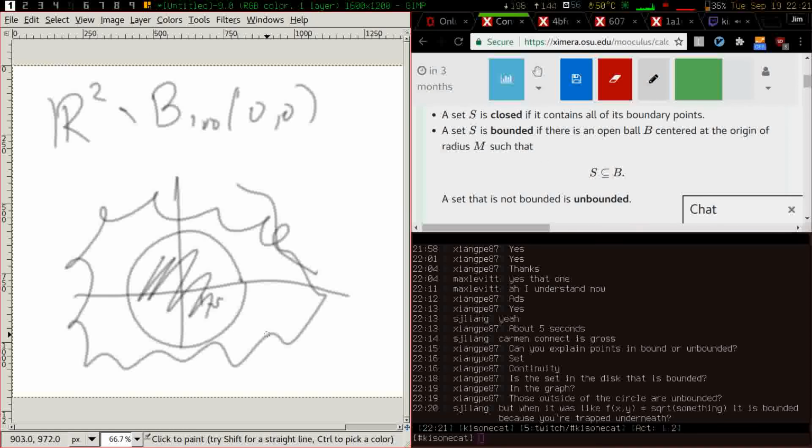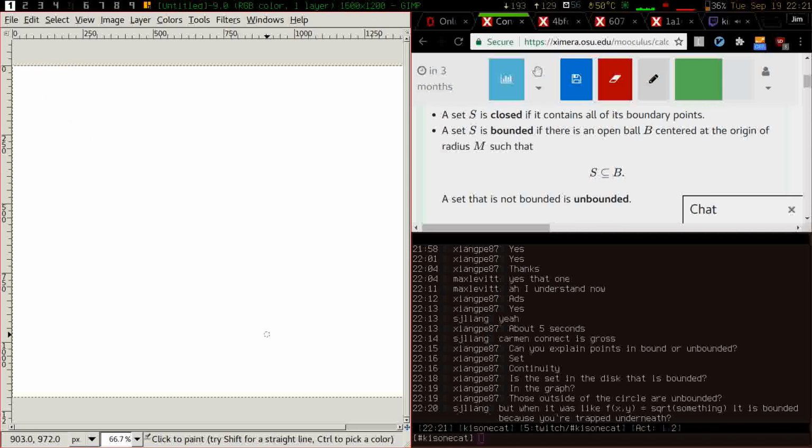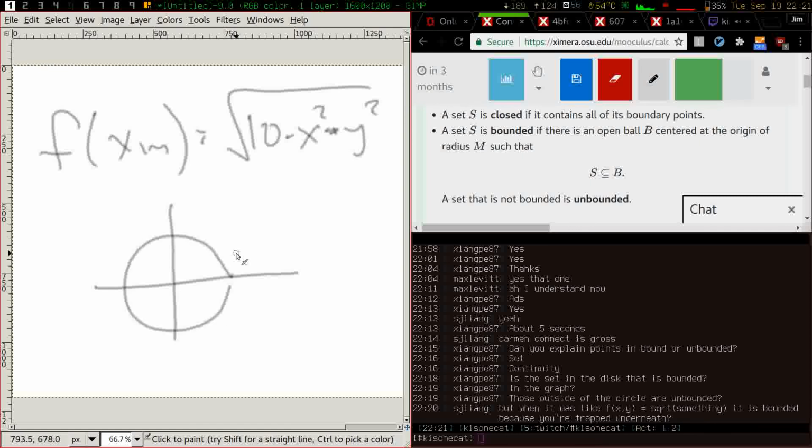So if the rule for the function is f of x y equals the square root of, just to be super concrete about it, 10 minus x squared minus y squared, say, this rule is rigged so that the domain of this function is the ball of radius root 10.